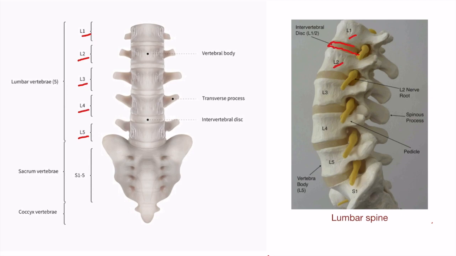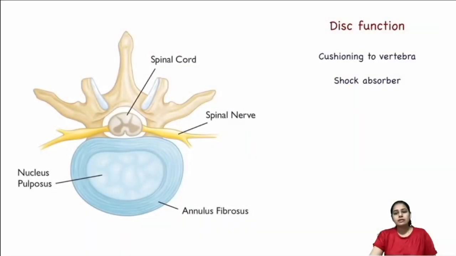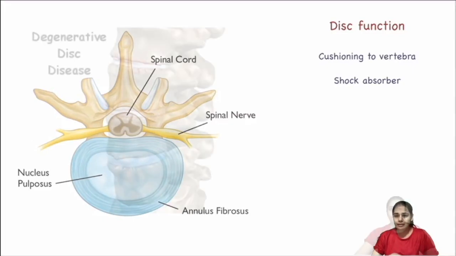Between L2 and L3 vertebrae, we have the L2-L3 intervertebral disc, and so on. The disc's main function is to provide cushioning to the vertebrae. It acts as a shock absorber between the vertebrae, taking all the extra forces between them, and thus it provides stability to the spine.